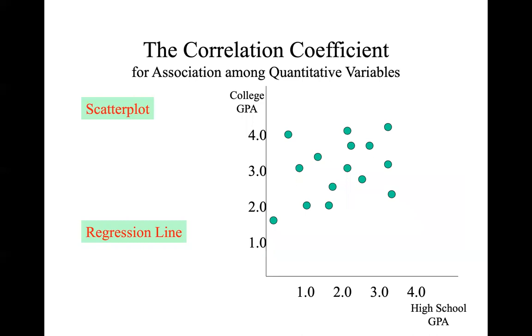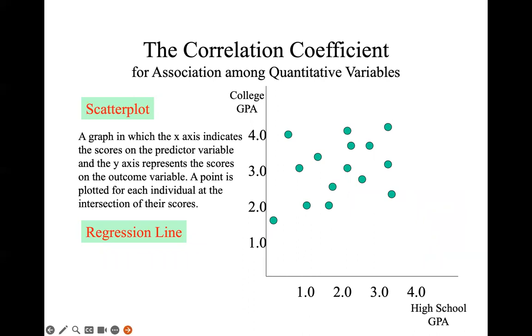In this sense, you're comparing two variables, in this case the college GPA and the high school GPA. In plotting the points, you see how the two are related. This is called the scatter plot. More or less, a regression line is formed when all the dots have been laid down.